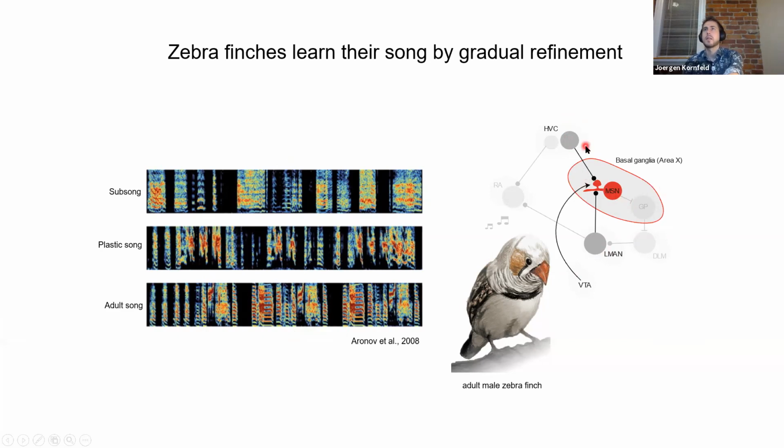Here in the basal ganglia we have these medium spiny neurons, and then we have two different cortical areas that project onto these medium spiny neurons: the area called HVC, and another area called LMAN. Then we have a third, non-cortical area called VTA, that also projects there.